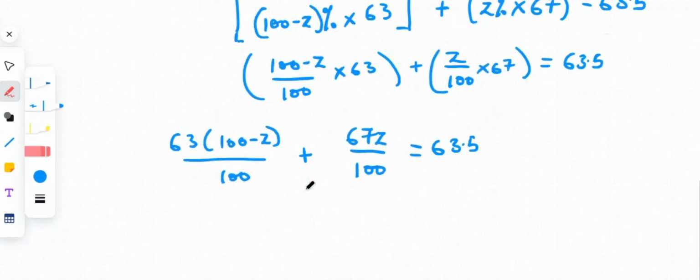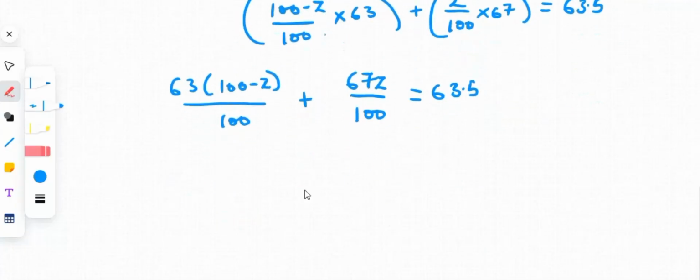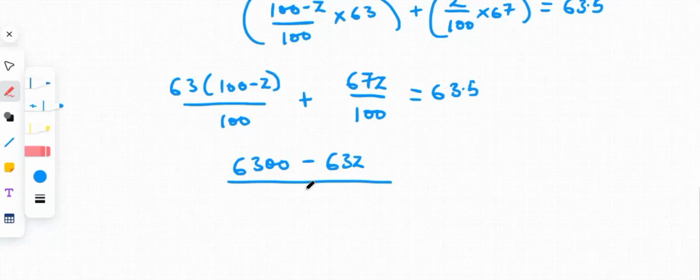Since they both have the same denominator, we open up that bracket, we have 6300 minus 63z, plus 67z, all over 100, is equal to 63.5.